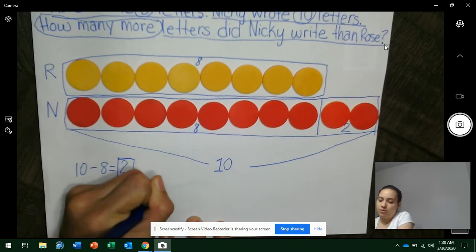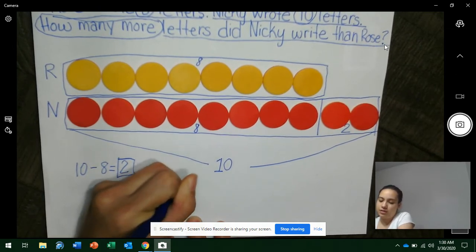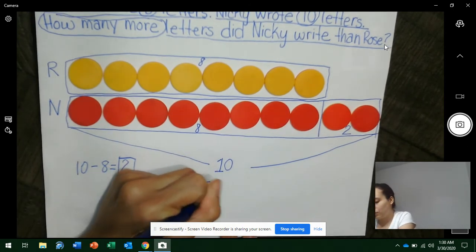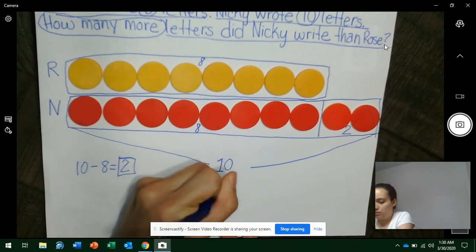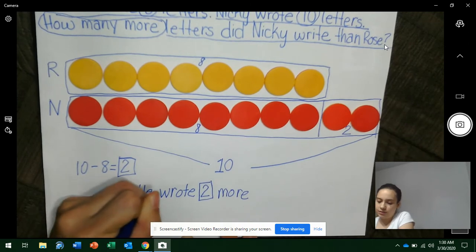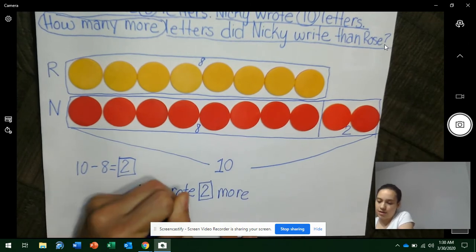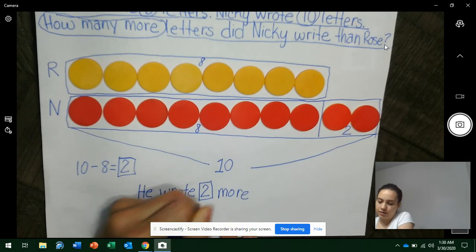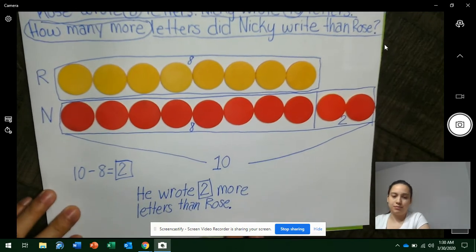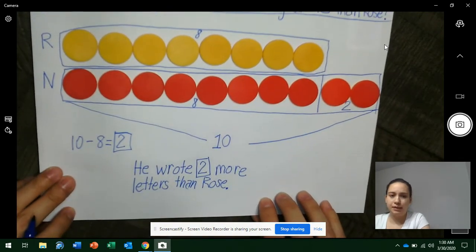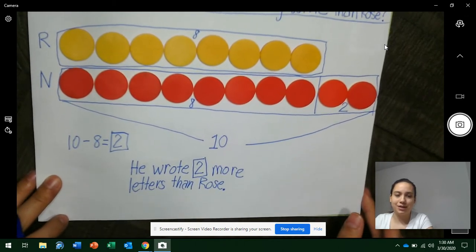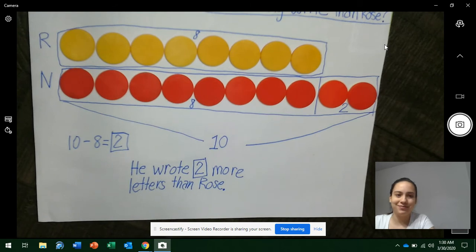He wrote 2. We're going to box our answer. More letters than Rose. Awesome. So it's a little bit crooked, but if you need some time so you can write your statement, go ahead and press pause and then press play when you're ready.